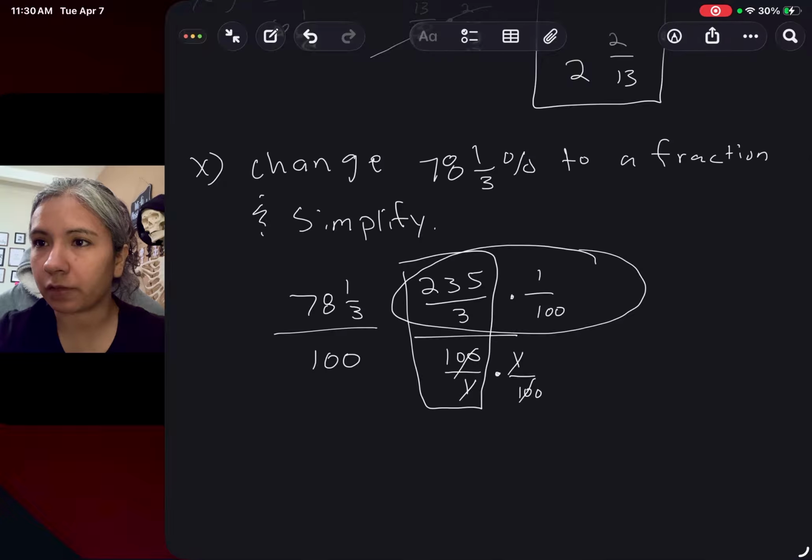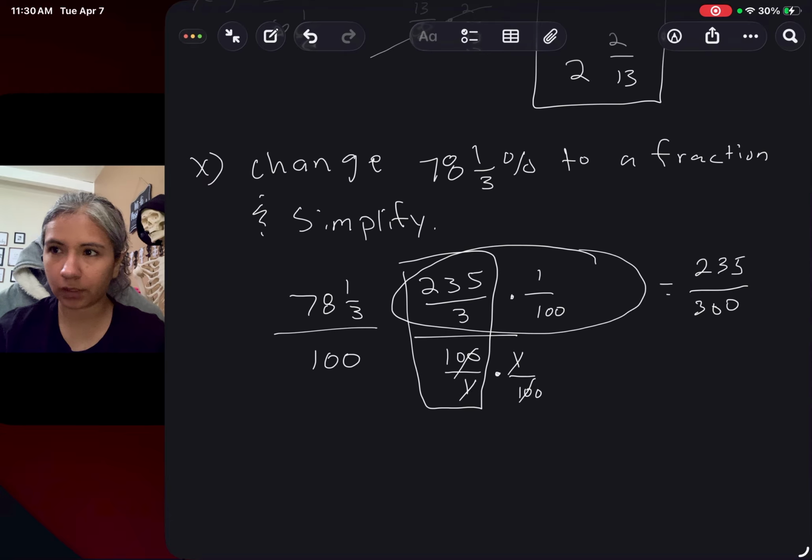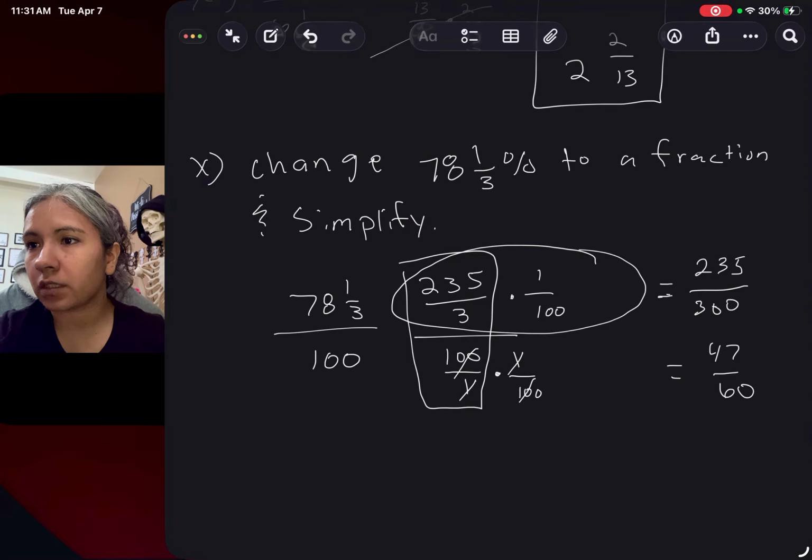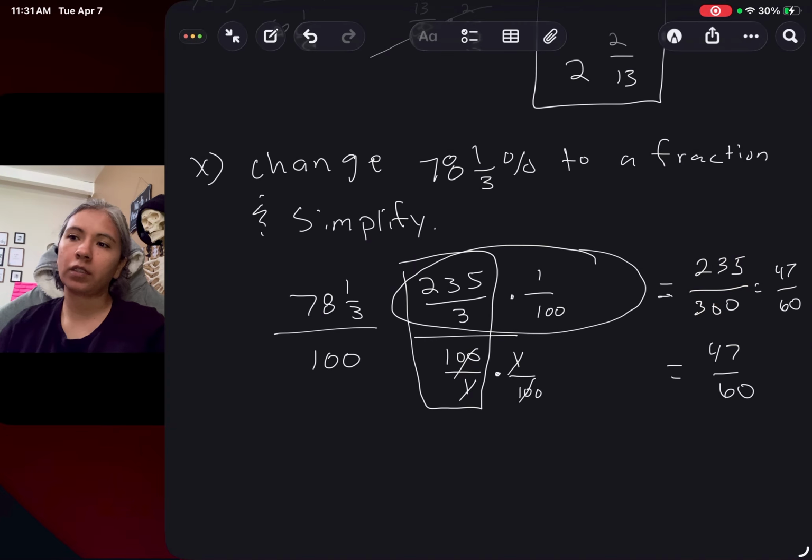So 235 times 1 is still the same number, 235, and 3 times 100 is 300. So 235 divided by 300 simplifies into 47 over 60. These two answers are equal. One is just reduced, right?